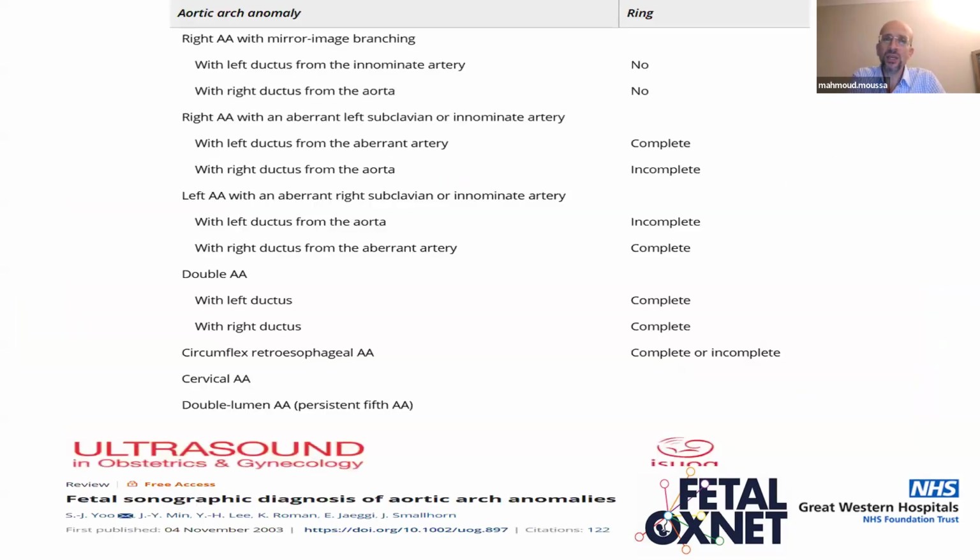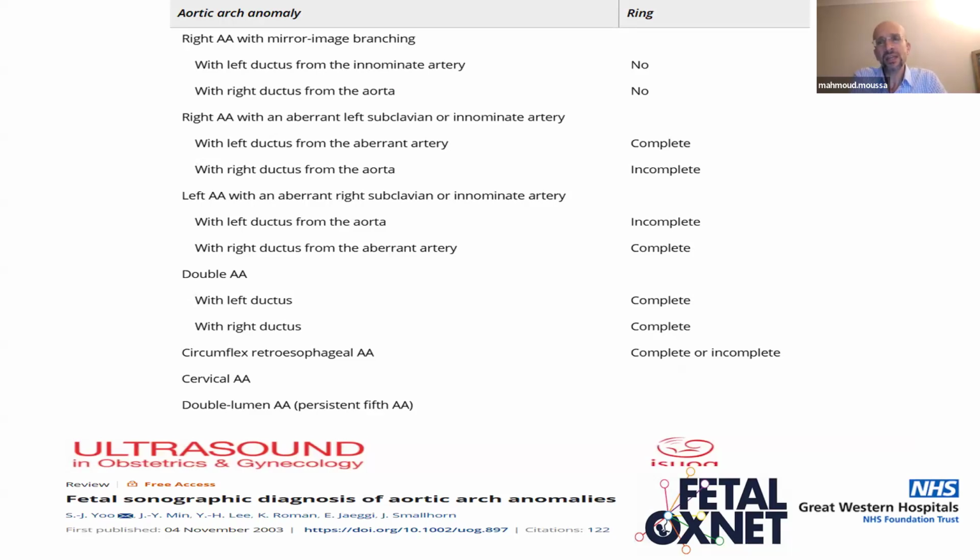The abnormalities of the aortic arch are actually more extensive than what you think, and there are various types. And this very nice article on the IUGR just tells you about all the different possibilities that you can get with an aortic arch, and actually you can see there are multiple here.